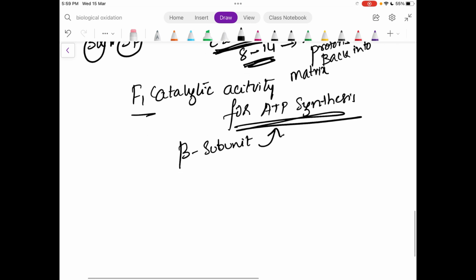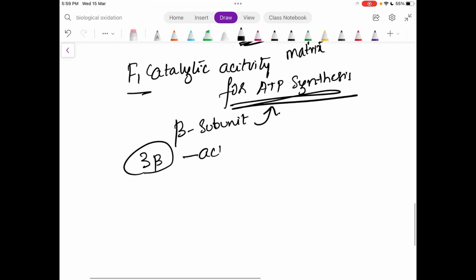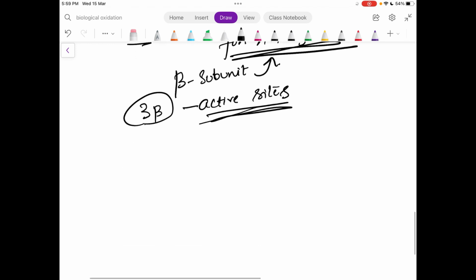The 3 beta subunits are there, and these are the active sites. These beta subunits have active sites which help in ATP synthesis.